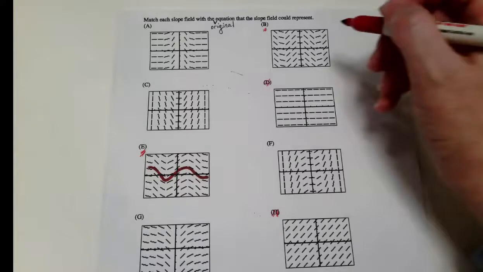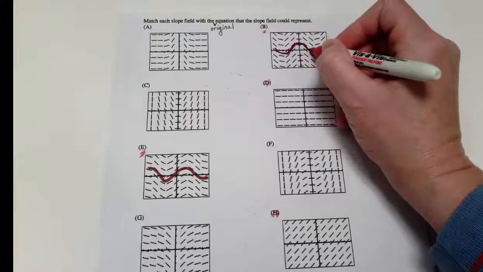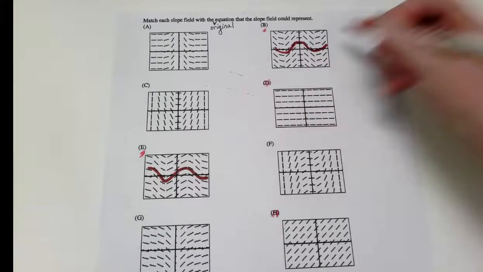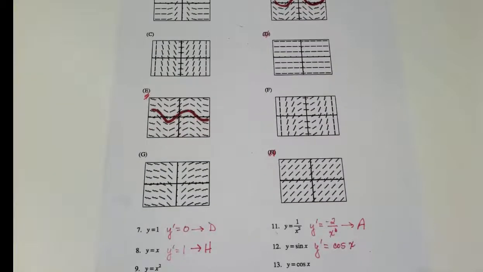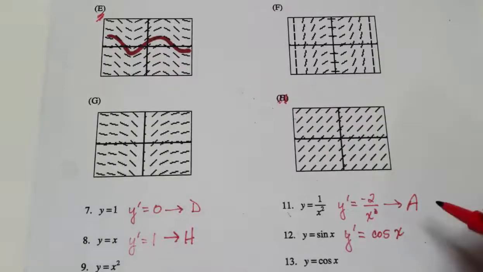If we try to do this one up here, between the two, we'd want to try to figure out, does one of these curves look like the sine function we're given? Well, between the two, it kind of looks like E could be. So perhaps E is the answer.